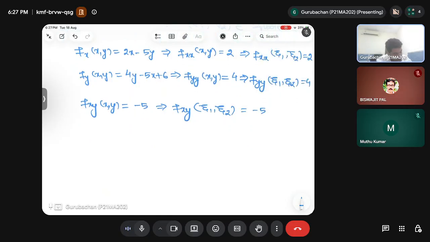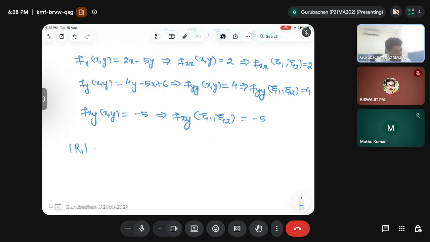So let us consider mod R1. Why am I taking mod? Because I want to calculate the maximum value.